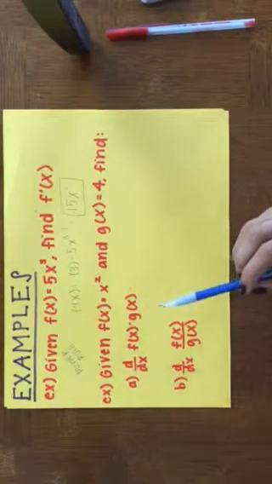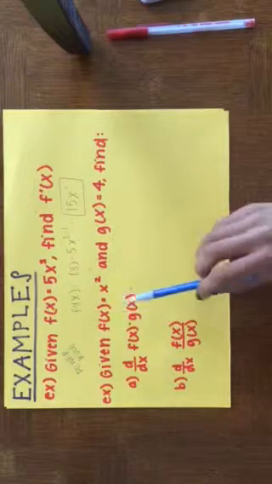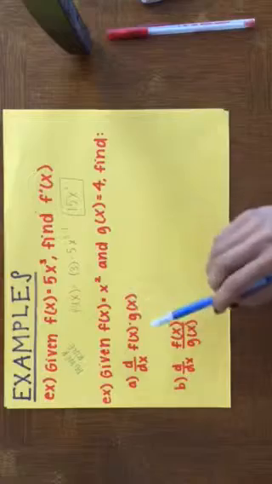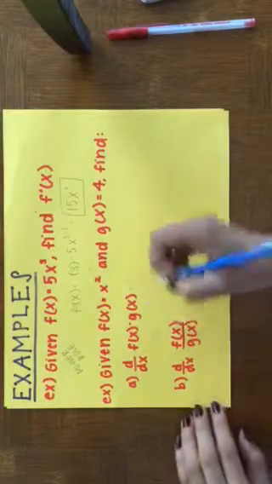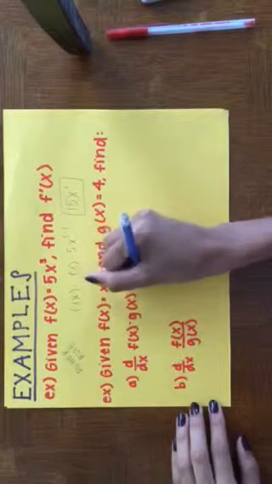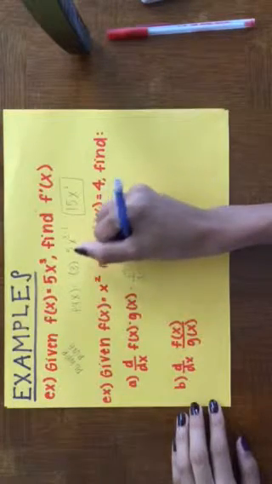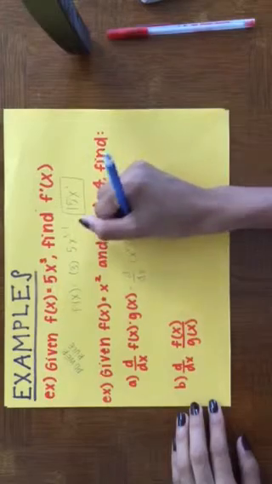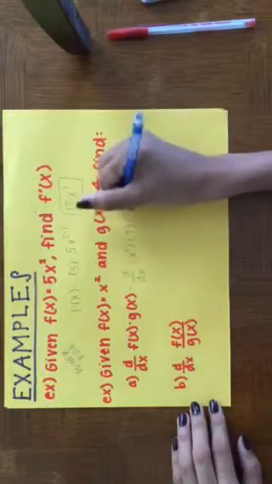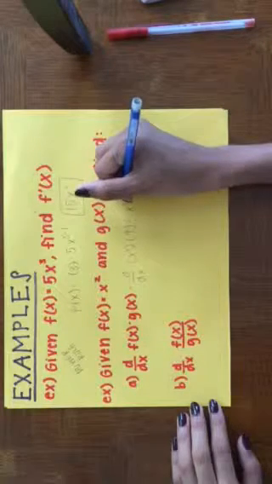Next, we will look at some product rule and quotient rule problems. Say we have an f of x, which equals x squared, and g of x equals 4. First, we want to find the derivative of the product of two functions. So really, we want to find the derivative of x squared times 4. You want to do the first term times the derivative of the second.